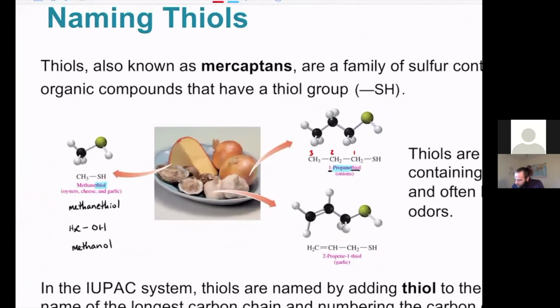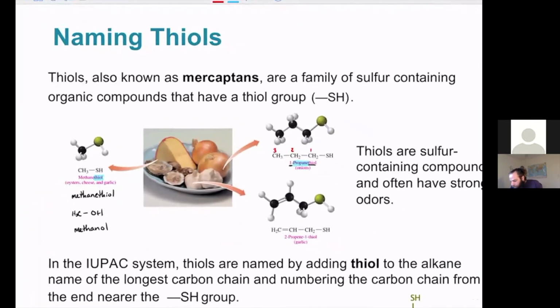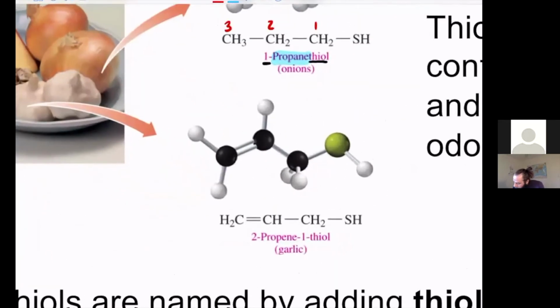Another compound found in garlic is 2-propene 1-thiol. Notice that has a trickier nomenclature because it has both a double bond and the thiol group. So you have to stick that 1 in the middle, right in front of the thiol, to indicate its position, where the 2 out front tells you where the double bond is.